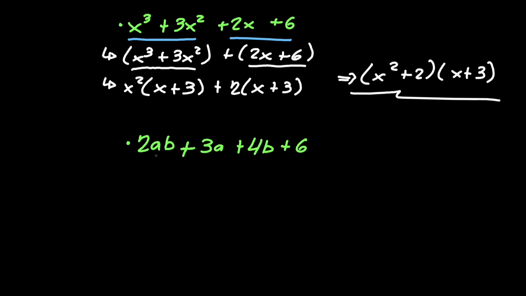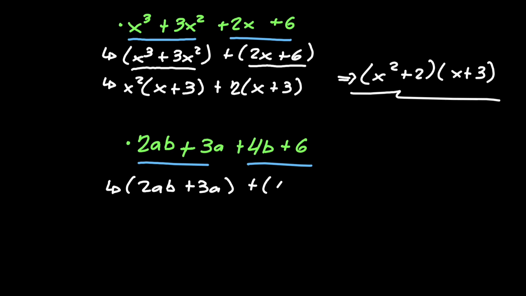Now, for this problem, 2ab plus 3a plus 4b plus 6. Group these two. So it would be 2ab plus 3a plus 4b plus 6.